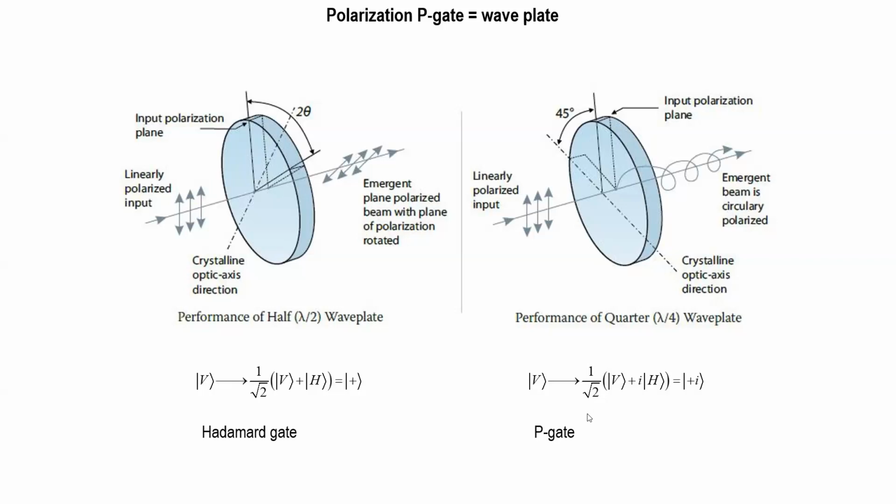So this works as a P gate, phase shift gate, or we name this gate as an S gate, as far as I remember. It adds this phase equal to imaginary unit between the vertically and horizontally polarized beams.